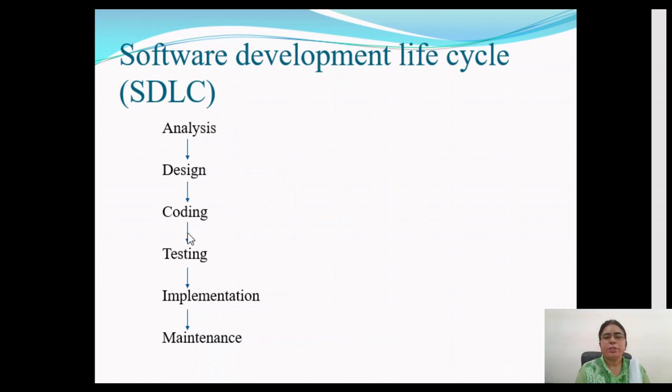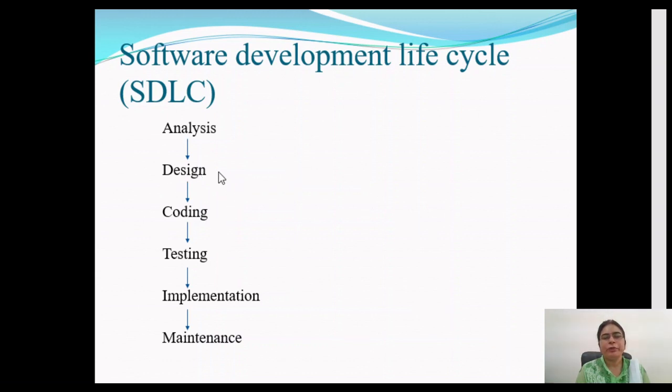Now the third step is coding, and in this step we are writing the instructions in a high level language so that we can make a program. We can make a complete software or we can make a program. So this is the stage where we actually code. Before that, we did analysis, which is for the previous, existing system. After that, we did designing. This is for the new system that we are going to make.